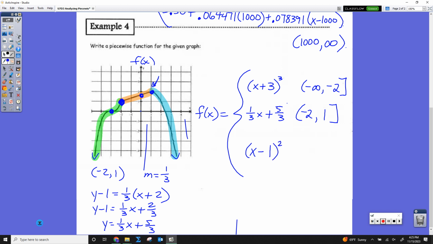We're going to be squaring it to make it quadratic. It's up here at 1, 2, so that means we had to move it up a vertical shift of 2 units. And then typically a parabola opens up. This one's opening downward, meaning we had to have a negative in the front. And this occurs from 1 to infinity. So now we have our piecewise function for that particular graph.